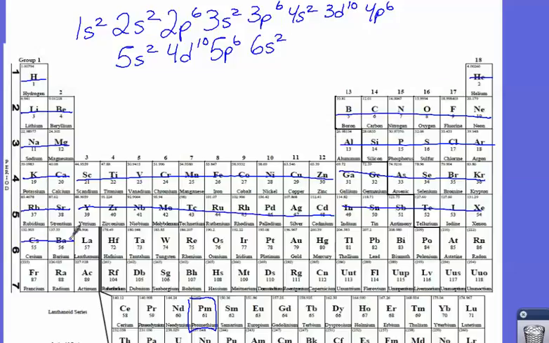So we have La, which is lanthanum. That is part of the D block. Now, why this is split is because of the way the energy levels work out. The energy required for an electron to exist in the 5d is very close to the energy required to be in 4f. So with both of those in mind, it does something weird with the periodic table.